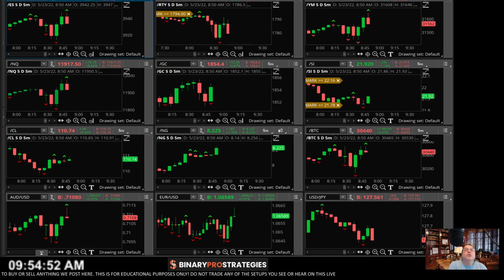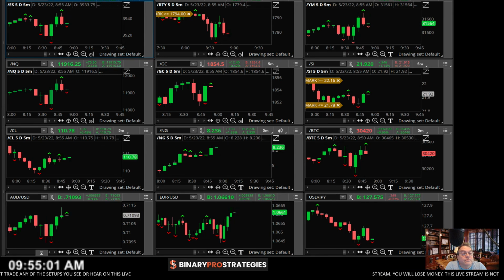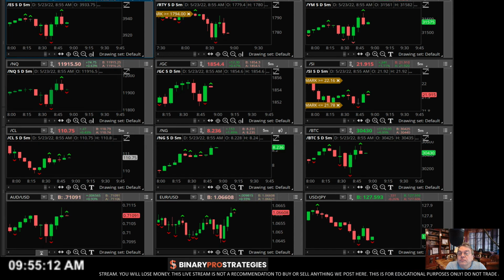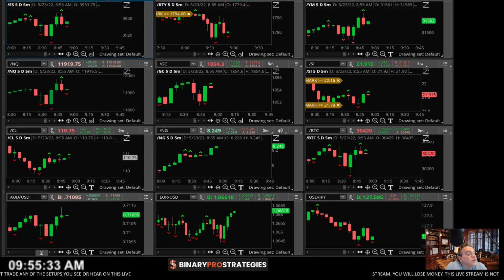Reverse sell. RTY reversed and went short. Be careful on RTY. Wait for an HF2 before re-entry. So this is an HF1 short on RTY.